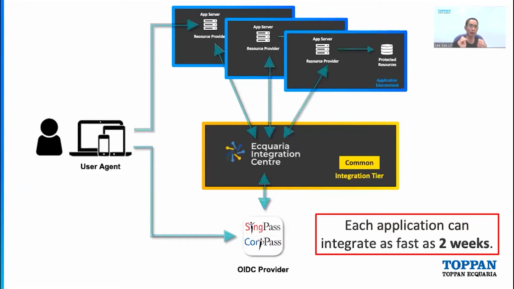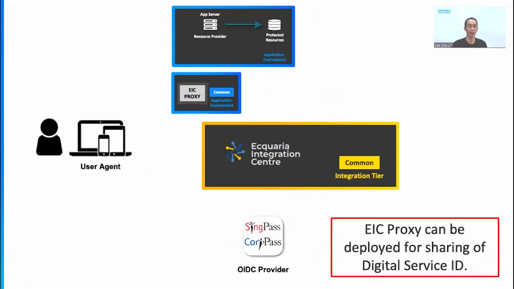So if you have multiple applications sharing the same digital service ID, you need something else to manage this. And we have a solution for this, which is called the EIC Proxy, which will be installed in a common application environment. Some customers may just pack it with one major system and then share it with the other systems.